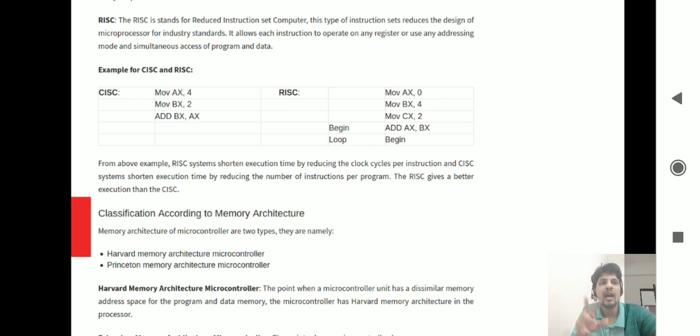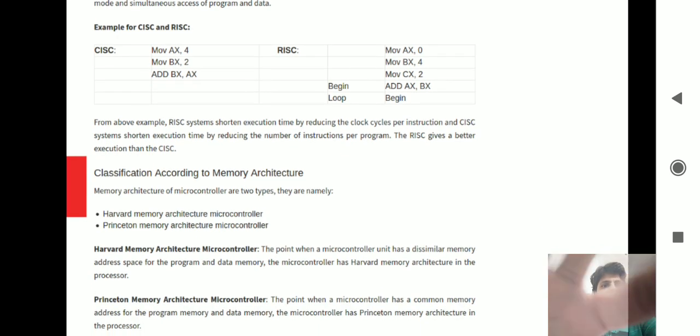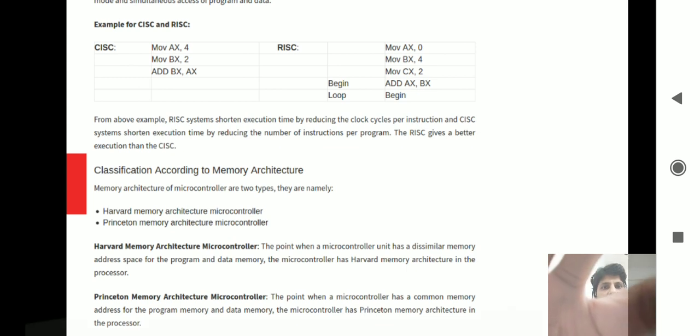They both have a dissimilar memory address space for program memory and data memory in the case of a Harvard memory architecture microcontroller, whereas in the case of a Princeton memory architecture microcontroller, a common memory address space is used for both program memory and data memory. So this is about the classification of microcontrollers based on memory architecture.